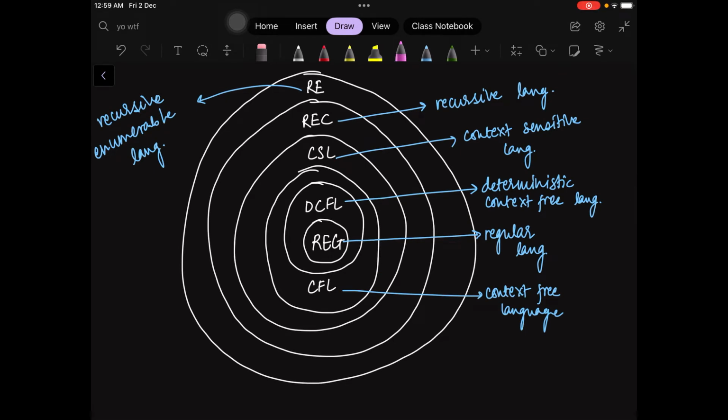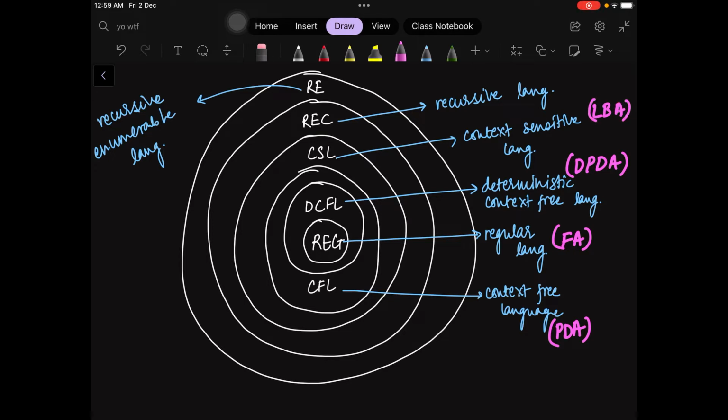Regular grammar is accepted by something called a finite automata, whereas deterministic context-free languages are accepted by deterministic push-down automata. A context-free language is then accepted by push-down automata, which is a generalized version. And then CSL is accepted by linear bound automata.